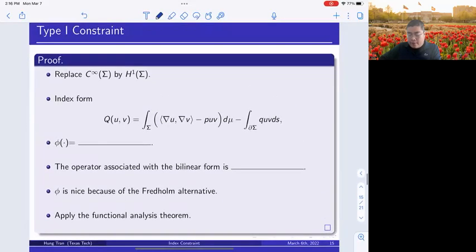Now, the index form, as we saw earlier, is given by this formula.